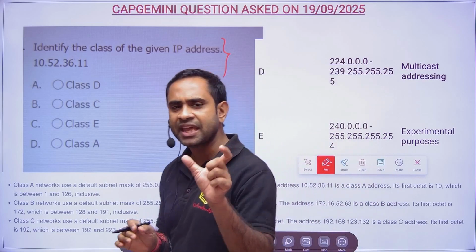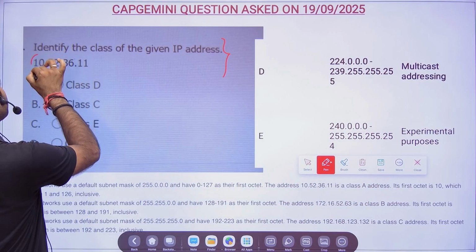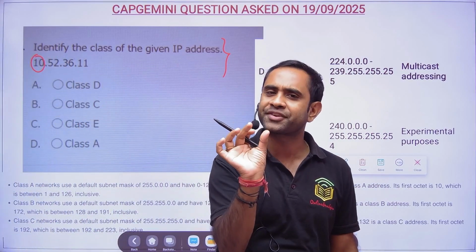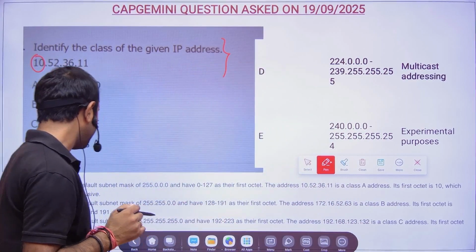Friends, basically if you have to identify the class of an IP address, you have to look at the first octet and understand which class it comes within. Here it has been explained.